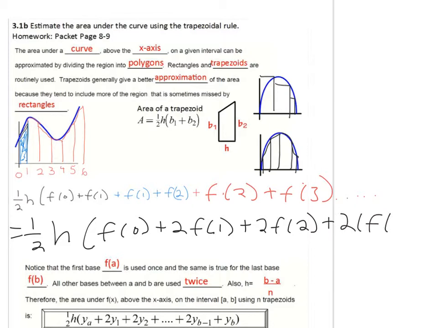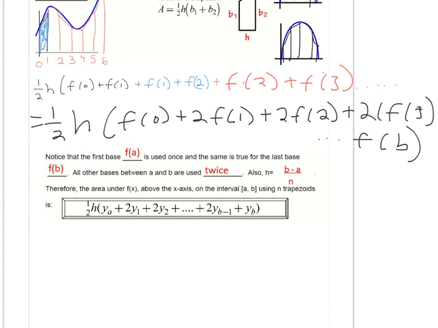We could go on like this forever, but we're not going to, because that would take forever. And then whatever the last base is, we only have 1 of that base. So notice that the first base is used once. And the same rule is for the last base. All of the other bases are going to be used twice because all the other bases are shared, except for the first one and the last one.